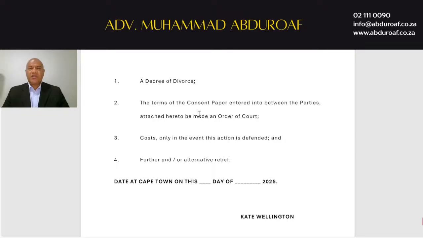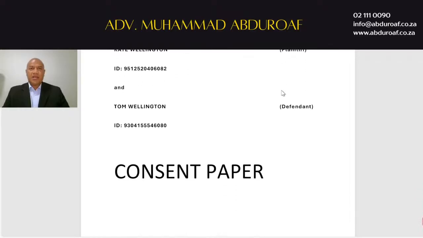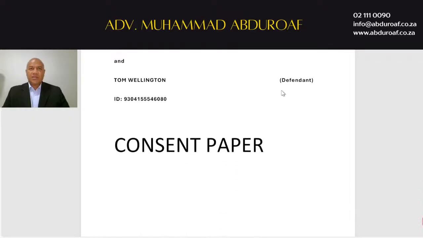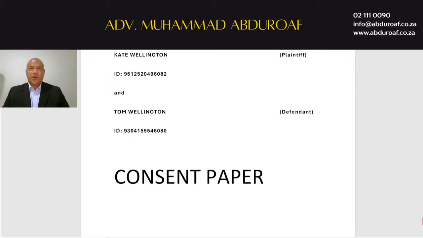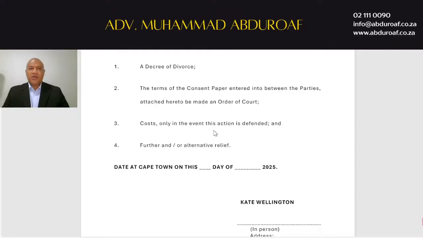So in this specific situation, Kate and Tom entered into a consent paper. Here is a consent paper. I shall deal with it in short in a moment. And then costs only in the event this action is defended.